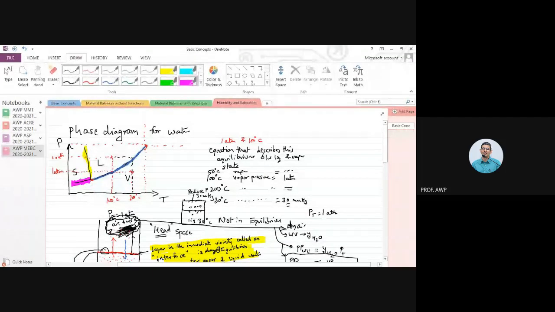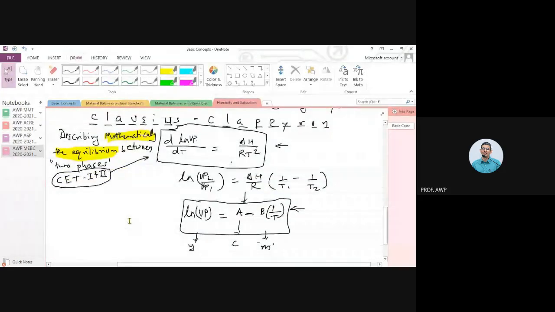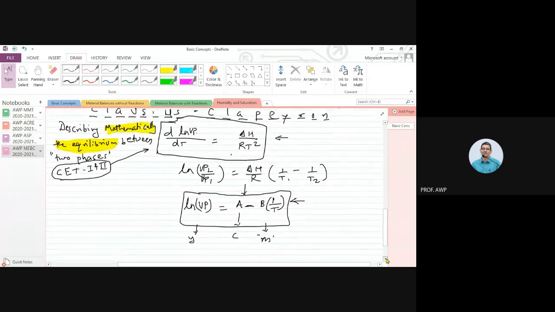We could talk about an equilibrium between gas and a liquid, or between two vapors and two liquids. All those things we will do mathematically in a course called Chem Eng Thermodynamics 1 and Chem Eng Thermodynamics 2. They are coming in semester 3 and semester 4. Then you will know better how to describe this equilibrium mathematically in a unified format.